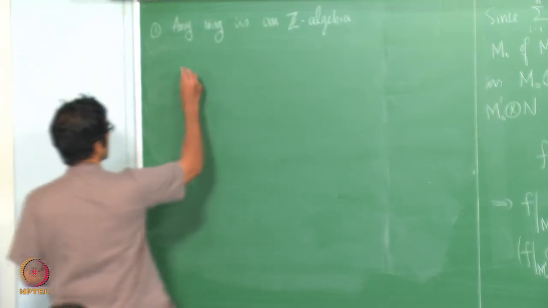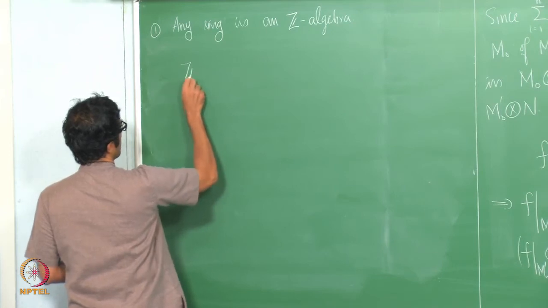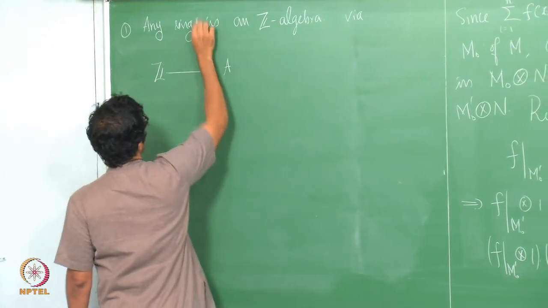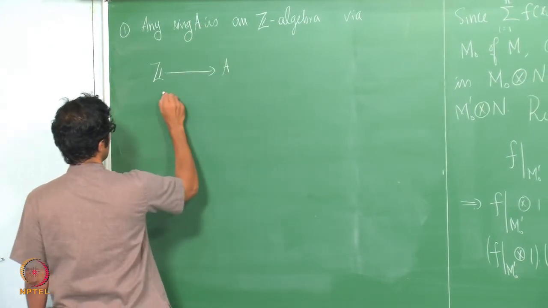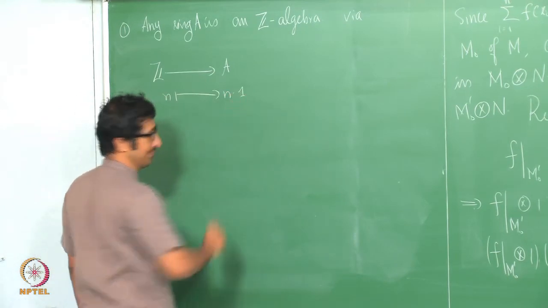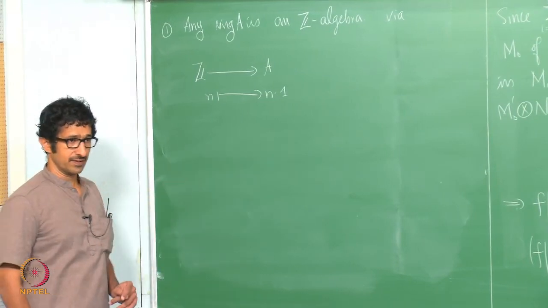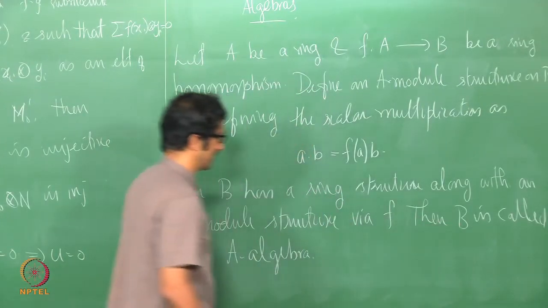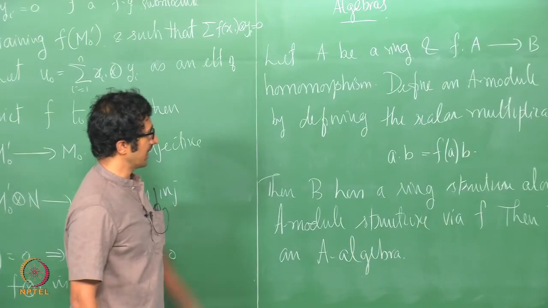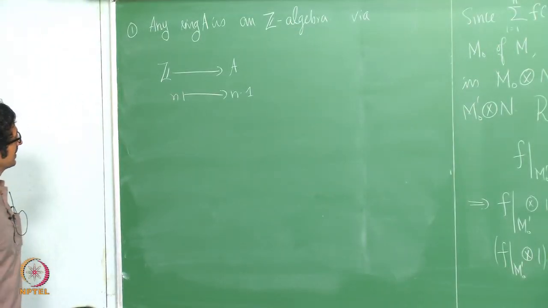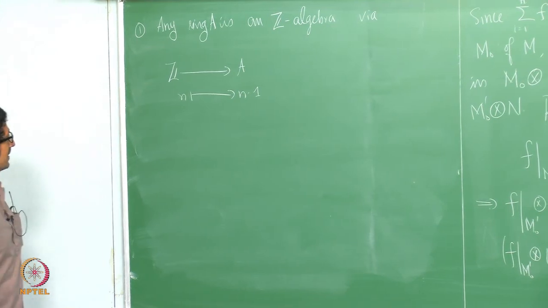So, I have a map from Z going to any ring A, which sends n to n times 1. This map is called the structure map. In fact, when we say B is an A algebra, it is via the structure map f. So, with the structure map n going to n times 1, any ring is a Z algebra.